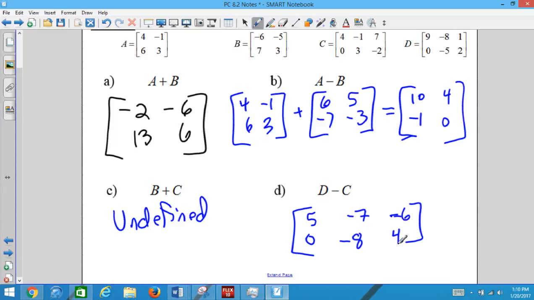So you cannot add anything on the same to that. So 2 by 2. Yeah, that's a 2 by 3.